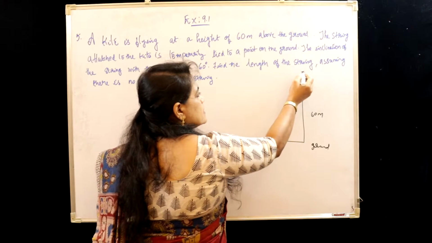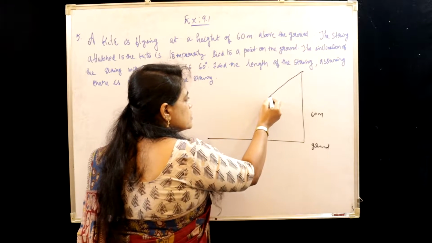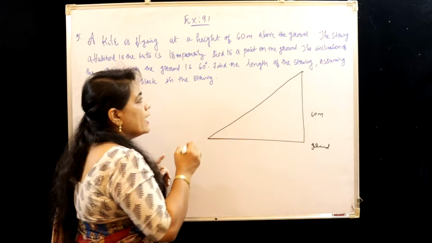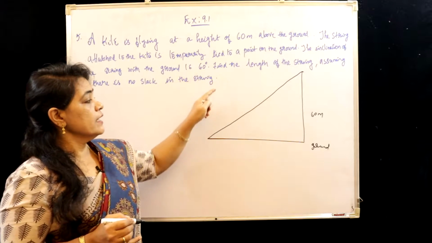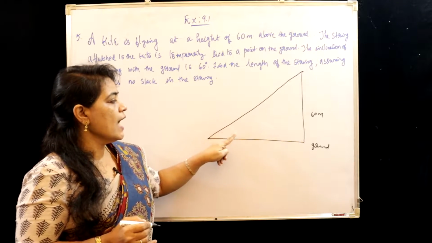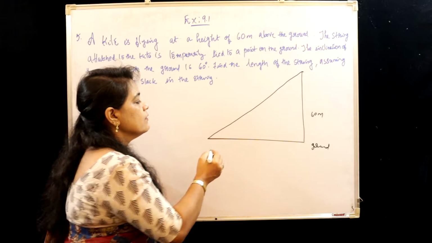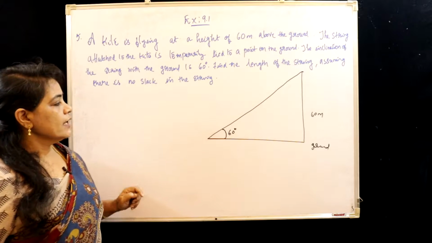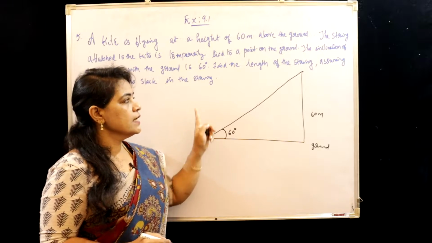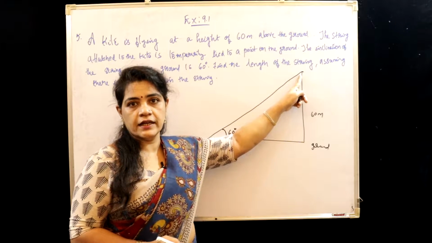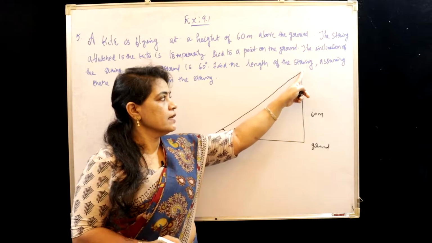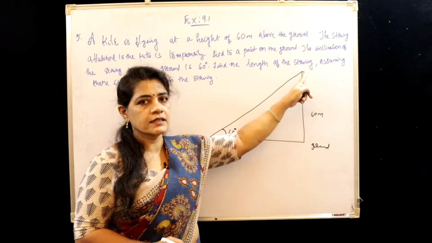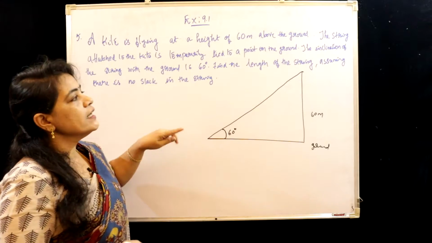This is the way that the kite is attached to the ground. The inclination between the string and the ground is given as 60 degrees. That means here at this point is the angle of elevation. Now find the length of the string.